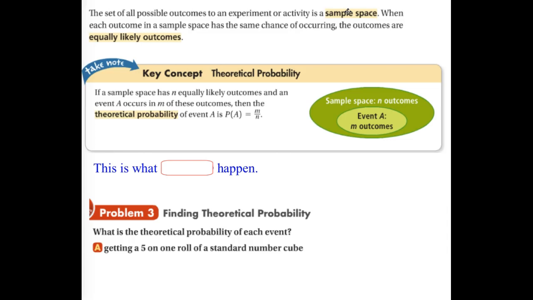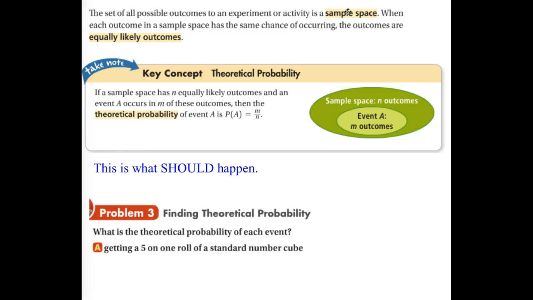So instead of basing it on data like we did with the pickup trucks, this is what should happen. Okay? Not what did happen, but this is what should. Theoretically, what should occur. So I will give you an example. I have a coin. How many outcomes do I have when I toss a coin? 2, heads and tails, yes?